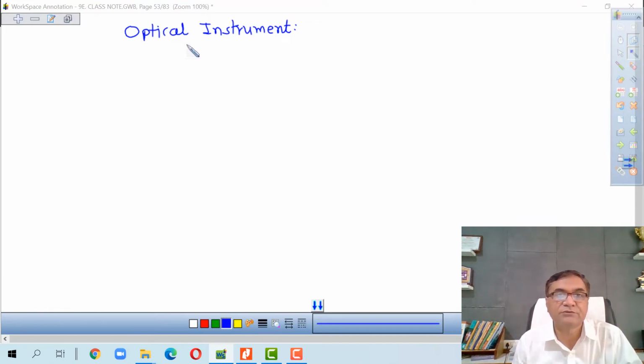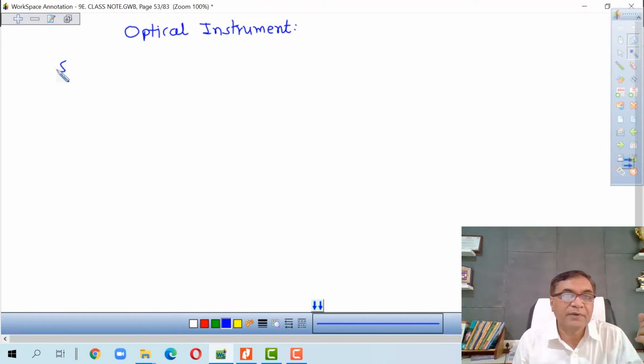આપણે સીધા જવાનું છે સિમ્પલ માઇક્રોસ્કોપ. સિમ્પલ માઇક્રોસ્કોપ.